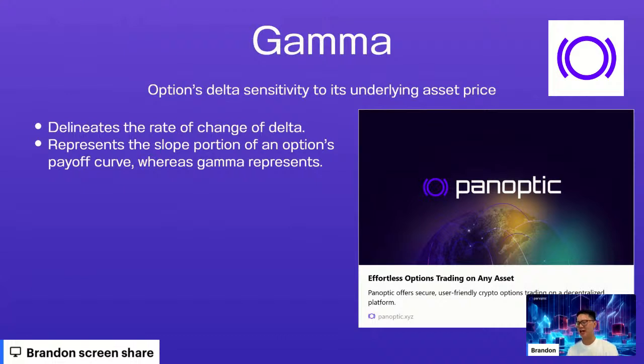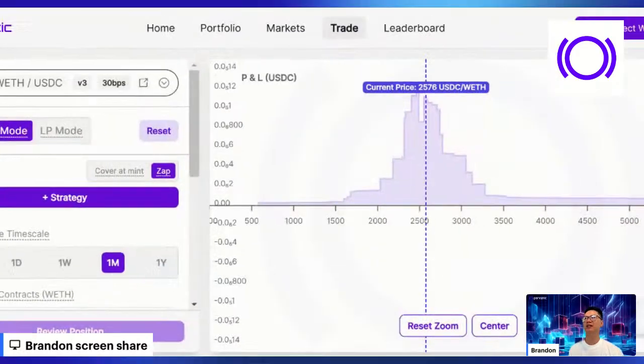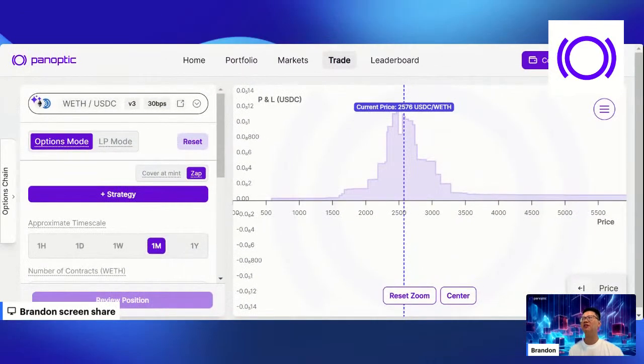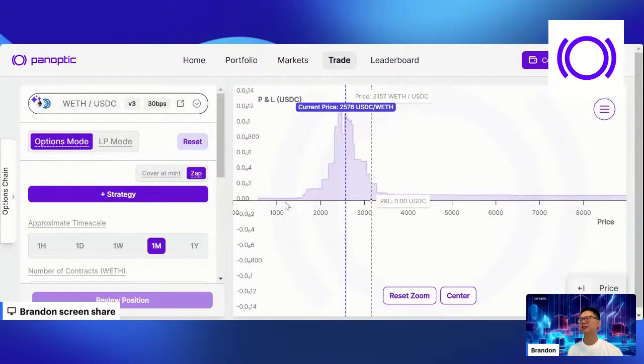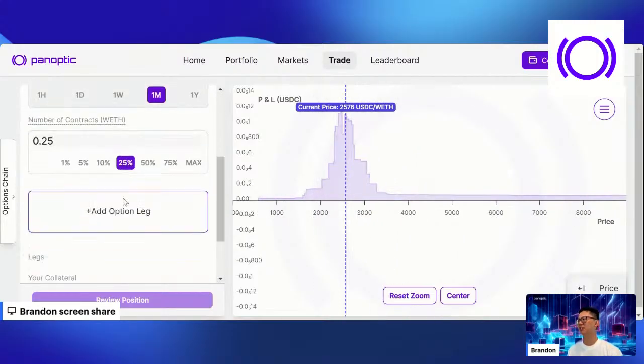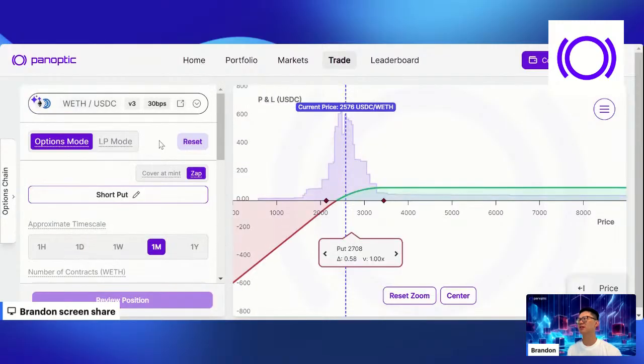So let's actually dive in to the Panoptic UI, because I think that's going to explain these concepts a little bit better here. I'm going to pull up the trade page on app.panoptic.xyz. So here you can see there is a position strategy builder, and we can start with an LP position.